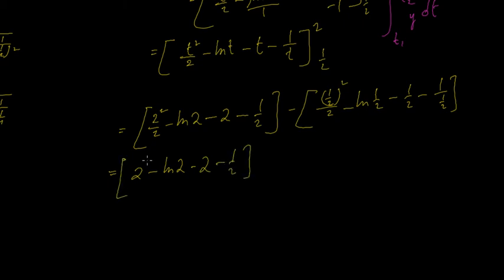Then 1 by 4 divided by 2 is 1 by 8, minus ln of half, which if I bring the 2 upstairs is ln 2 to the power minus 1. Minus half minus 1 by half, which is 2.